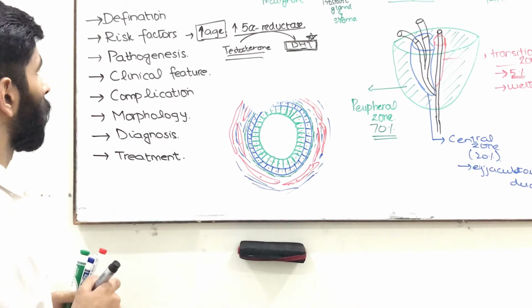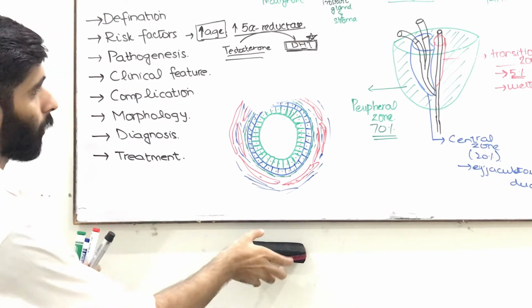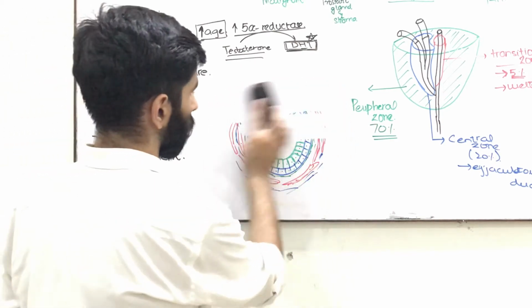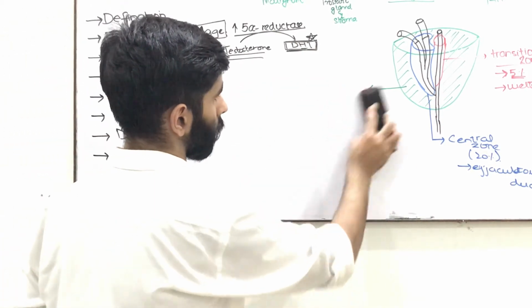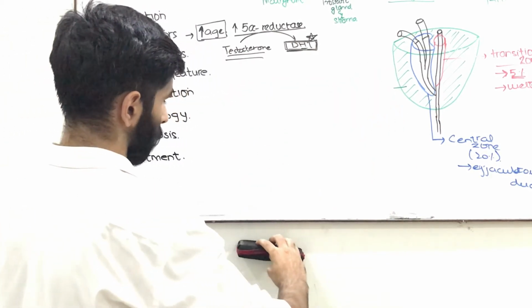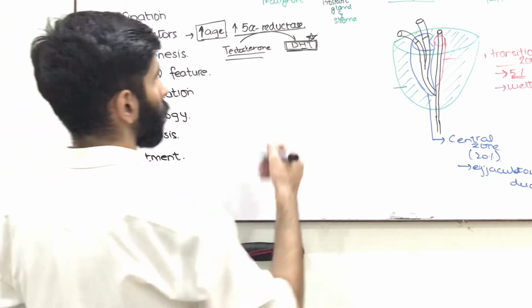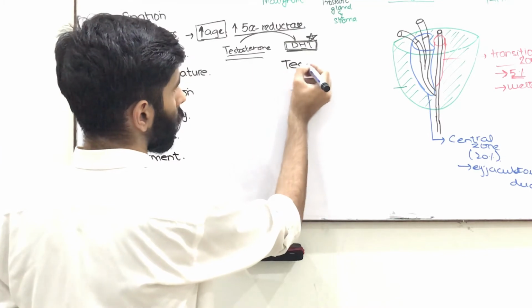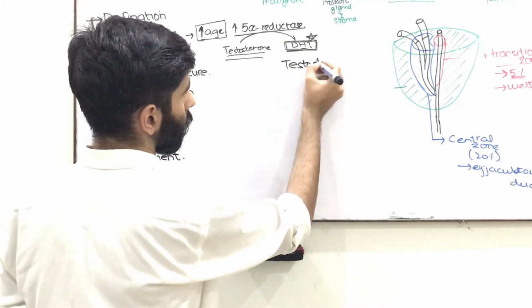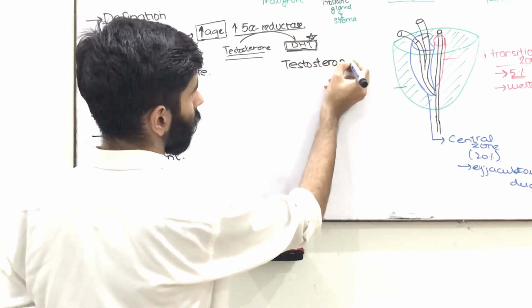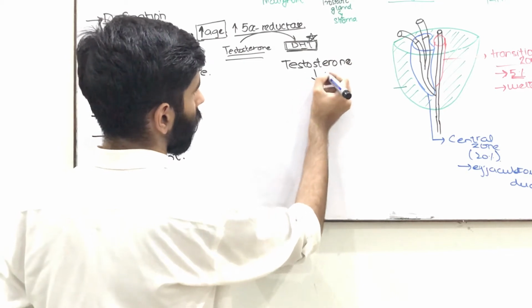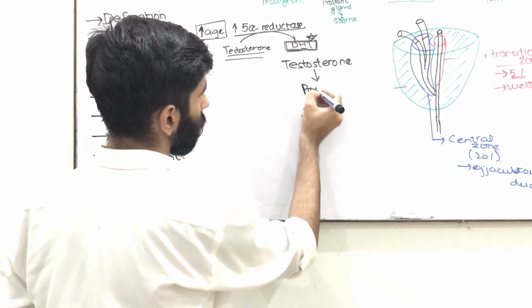So what is the pathogenesis of benign prostatic hyperplasia? The testosterone that is synthesized in our body is taken up by the prostate gland.